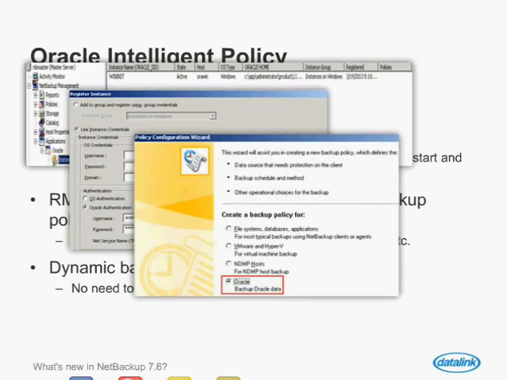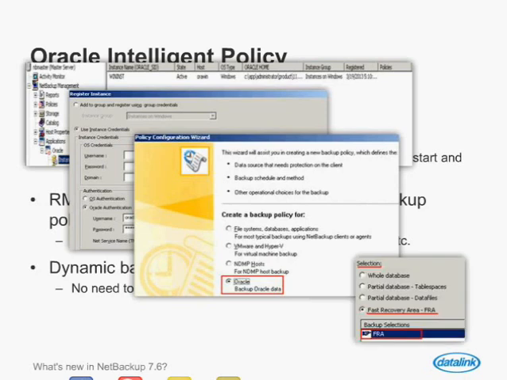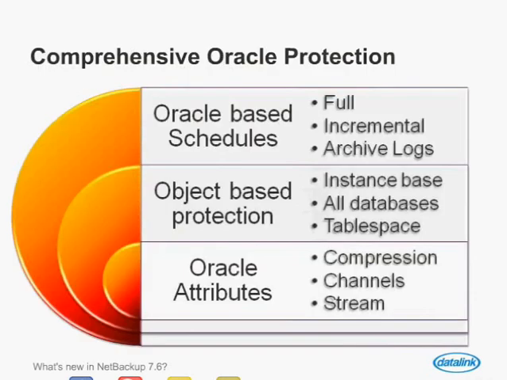So a lot of capabilities within Oracle, and it's automated. You can do full, incremental, as well as archive log backups. I can back up particular instances or the whole database or even particular table spaces, all from within the policy. It supports compression, channel, and streaming capabilities, so you can tune that backup to maximize it in your environment.